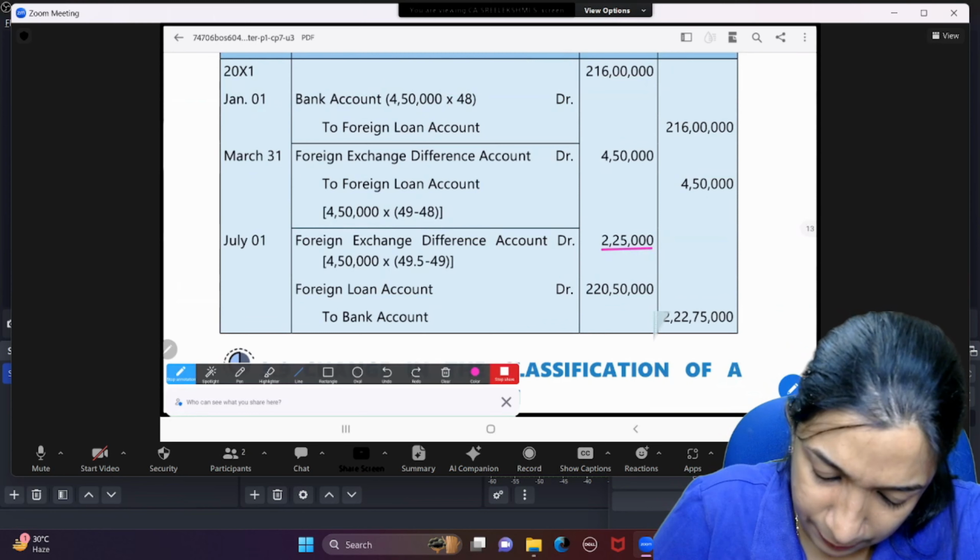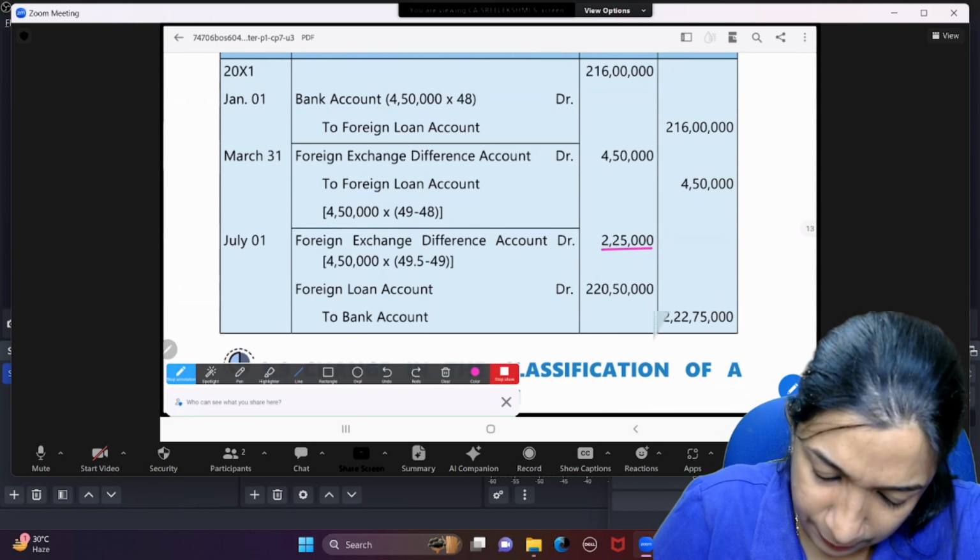Again, they will pass the entry creditors to P&L, because eventually you need to settle 15,000 at 73: 10,95,000, creditors to bank. So easy. Spot rate, closing rate, settlement rate, and gain or losses will be transferred to P&L.